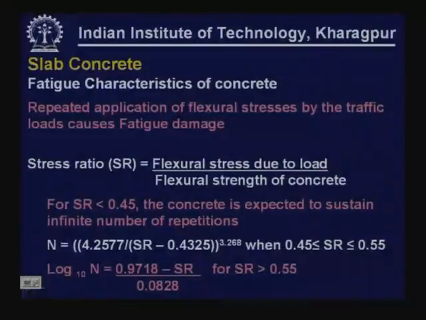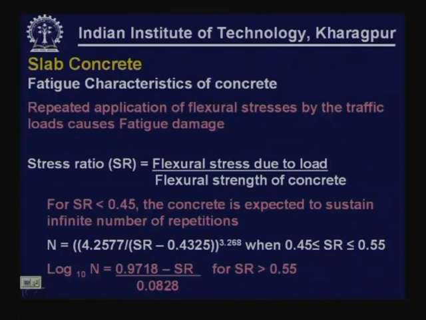That stress divided by the flexural strength of the concrete. Again, for the same member, if you go on applying incremental load, it will fail at some point of time. Using that load, if you calculate the tensile stress, that is the flexural strength of the concrete. So, applied stress divided by the flexural strength is known as stress ratio.